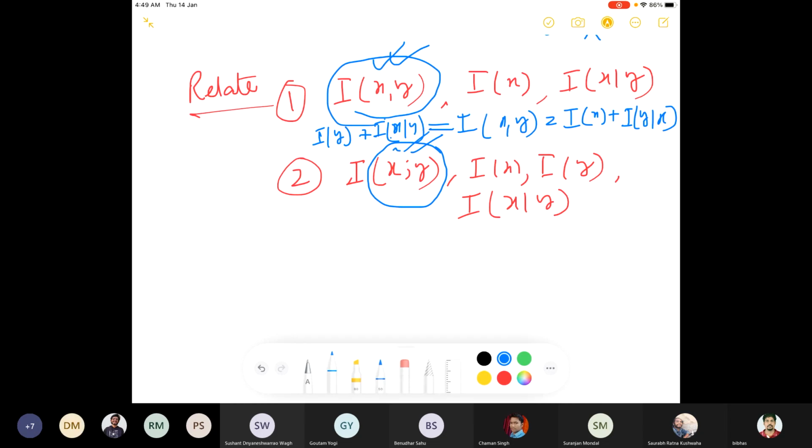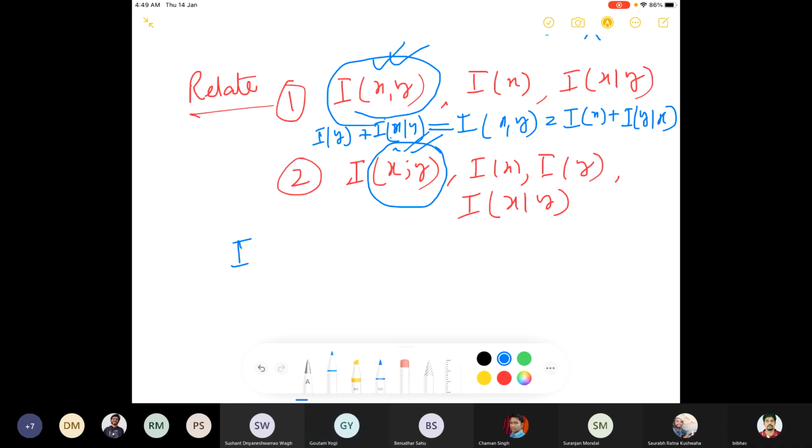So I(X) plus I(Y) is equal to I(X,Y) plus I(X;Y). Relation two will be I(X;Y) equal to minus I(X given Y) plus I(X).